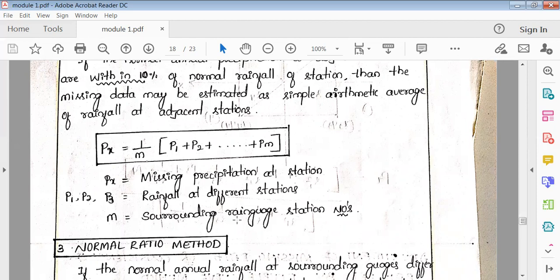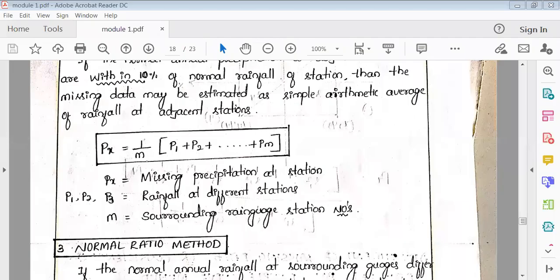Say if you want to measure one precipitation and there are 11 surrounding stations. This is the arithmetic method from which we can get the data from the neighboring recording stations.